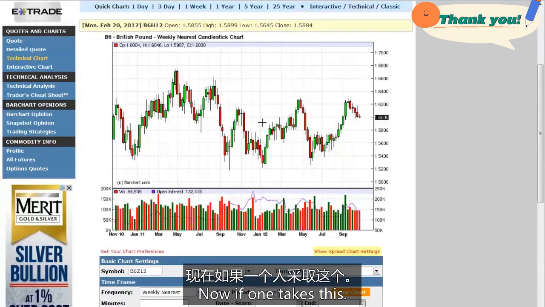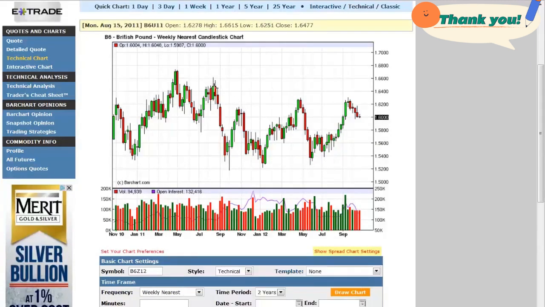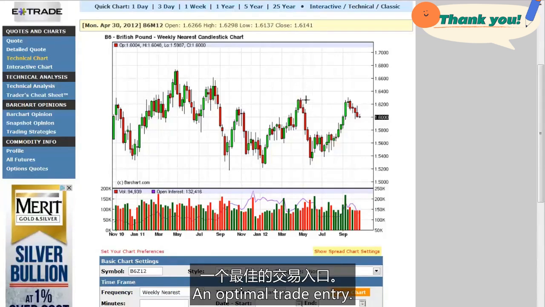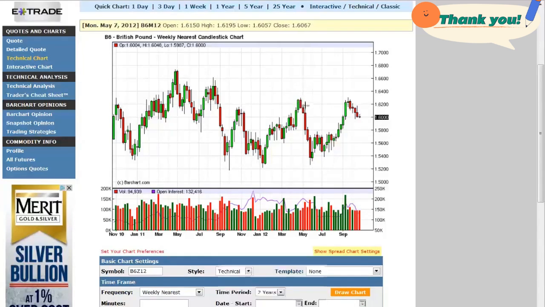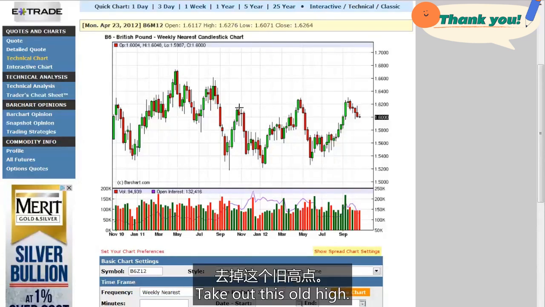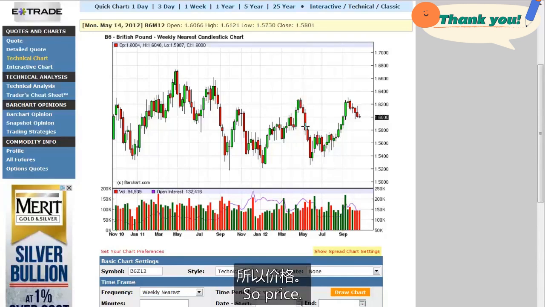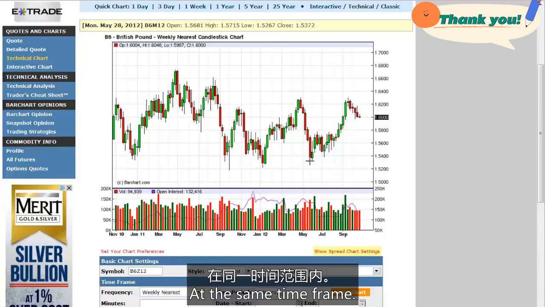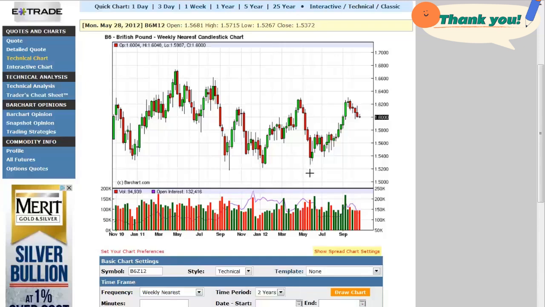Now, if one takes this high here down to this low, you can see that this is an optimal trade entry. Okay, this is an area where we would expect implied resistance, also noting that we did take out this old high as well. So price was free to find lower prices because we were seeing higher prices poised in the dollar at the same time frame, April, May.